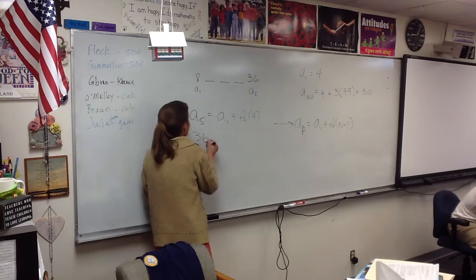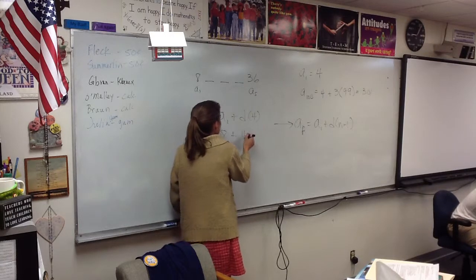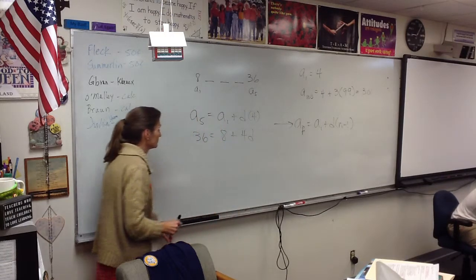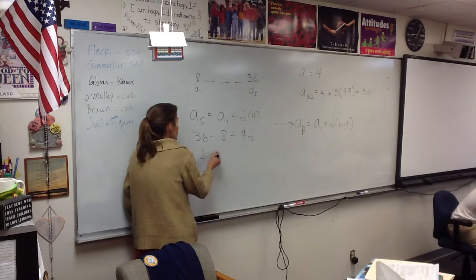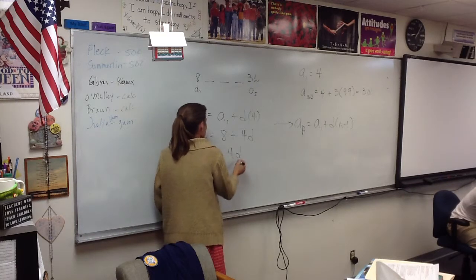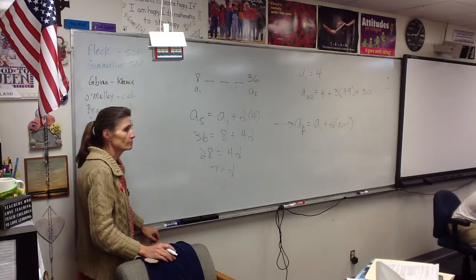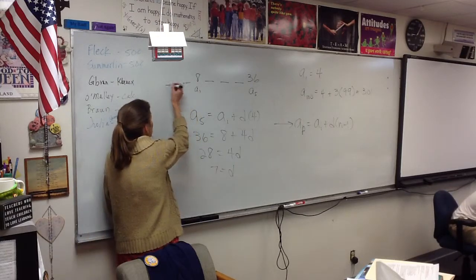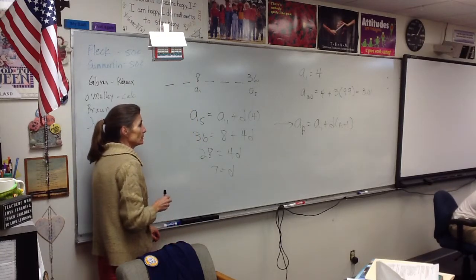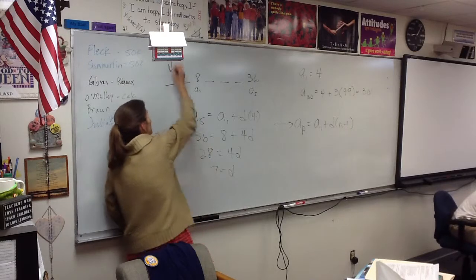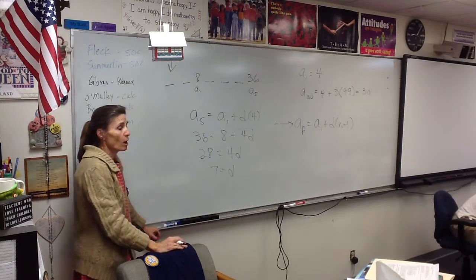So 36 equals 8 plus 4D. 28 equals 4D and D equals 7. Now remember, this is really the number we needed for the problem.